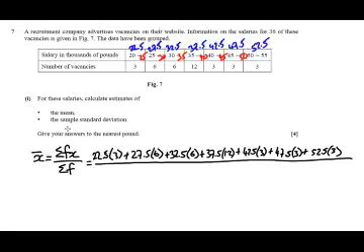So each of those midpoints multiplied by their frequencies and all divided by 36. I was told in the question that there were 36 salaries we were working with.